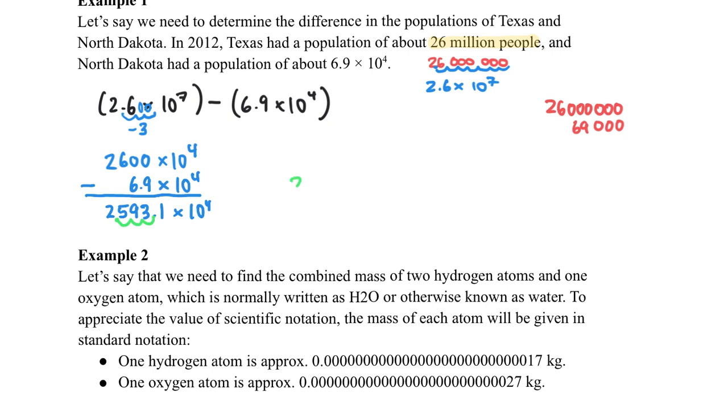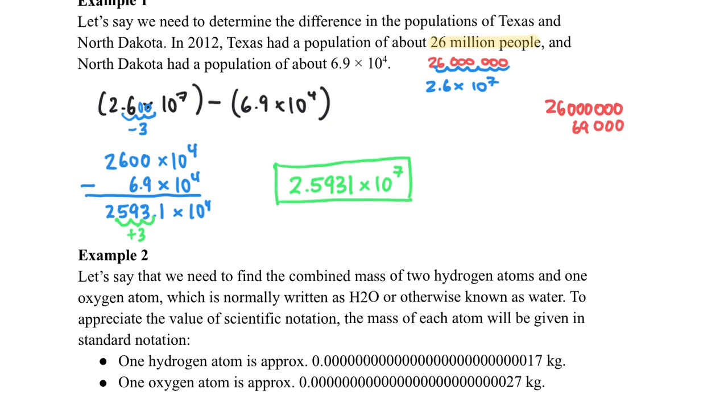So this is going to be 2.5931 times 10 to the, I moved this 1, 2, 3 places, so I have to add the plus 3 of the move to the exponent like we learned last time. So here is my final answer.